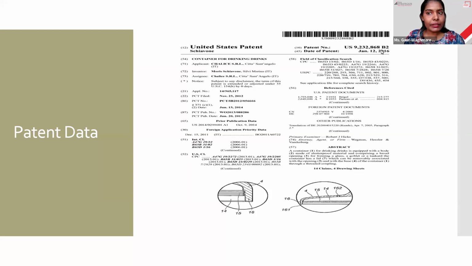Also, the status of the patent is listed, like here the number of the patent is US 9232868B2. So what is the meaning of B2, and how can we, only by looking at the patent document, see where the file is, and whether it is published with the international search report or without a search report. So we can track those things as well by just looking at the patent document. So this data is actually very useful while doing patent analytics.